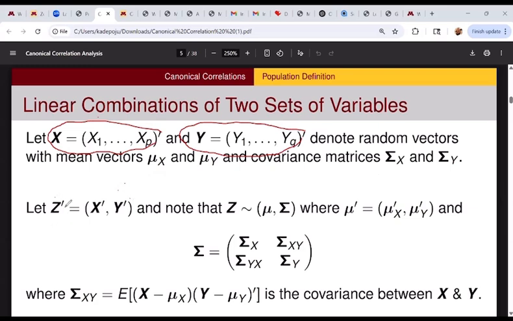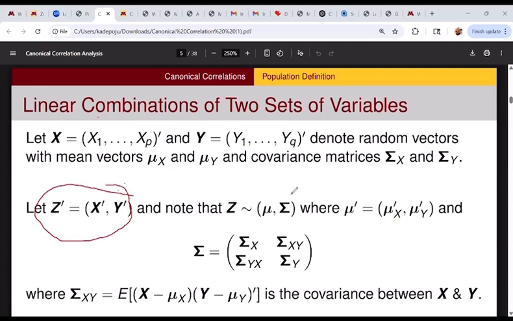So if I let a particular variable Z represent that, now Z, following a normal distribution, is going to be a combination of the two sets of variables.